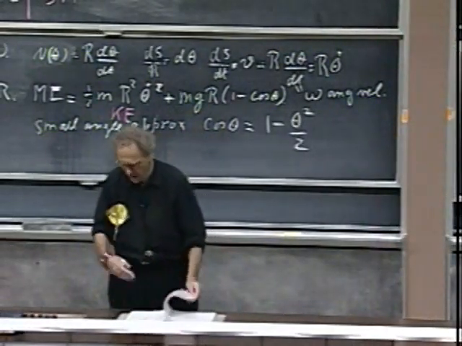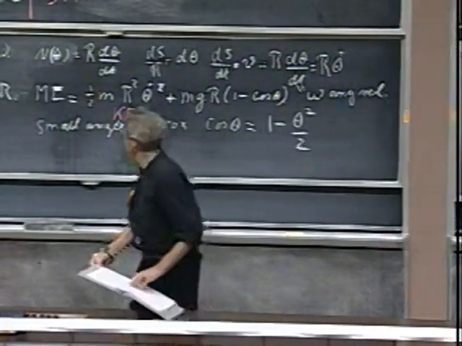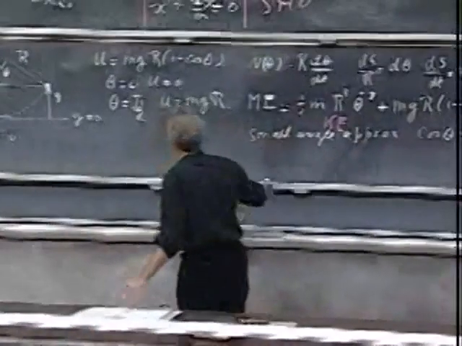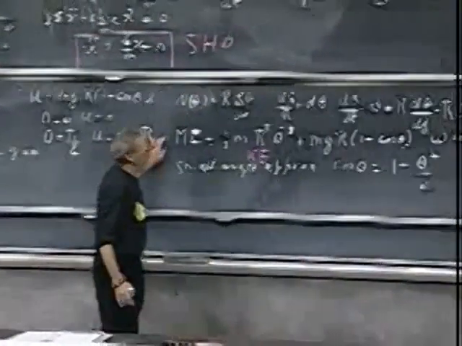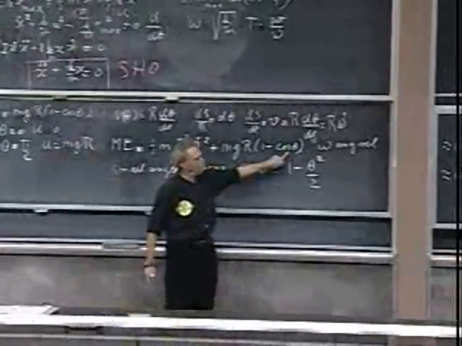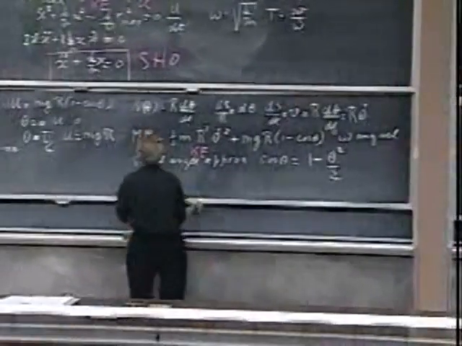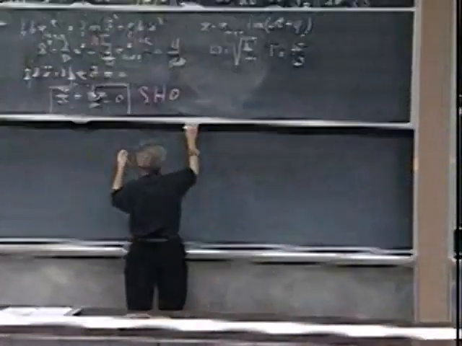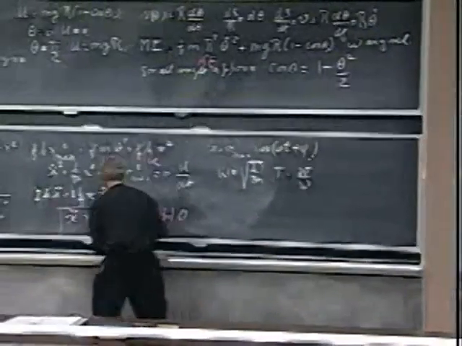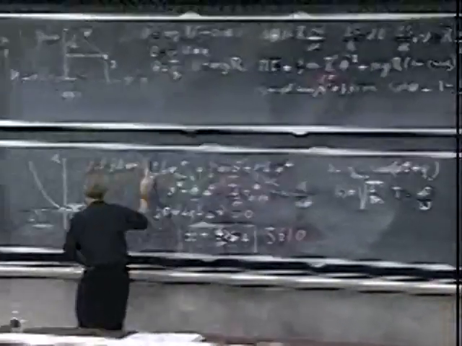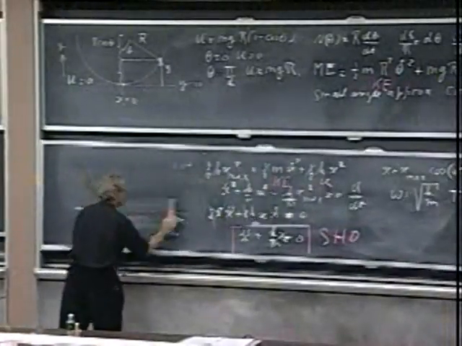So with this in mind, I feel comfortable to pursue my conservation of mechanical energy, and I'm going to replace cosine theta by 1 minus theta squared divided by 2. So I will continue here. Center blackboard is always nice.